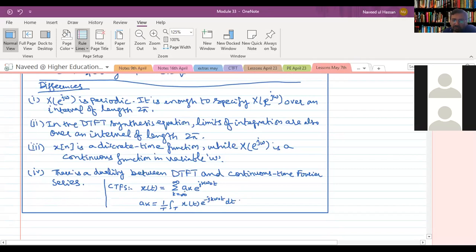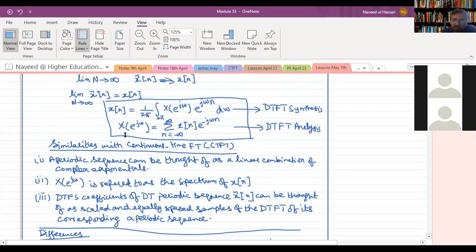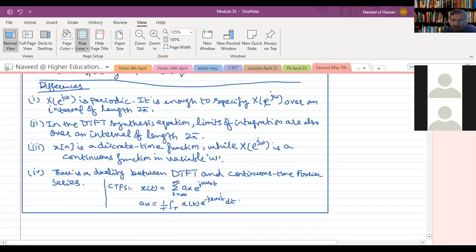And now compare these two equations with discrete time Fourier transform equations. ये जो analysis equation है, its form is similar to the synthesis equation here, isn't it? Yes, sir.